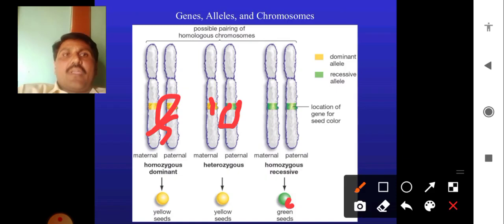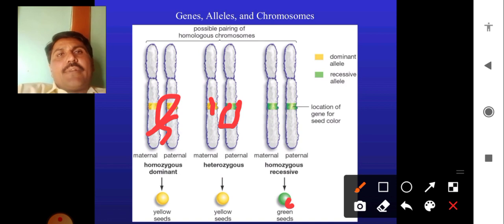In homozygous dominant, you see the maternal and paternal genes in the same color at the same loci, whereas in the heterozygous, one is dominant, representing yellow, and the other is recessive.